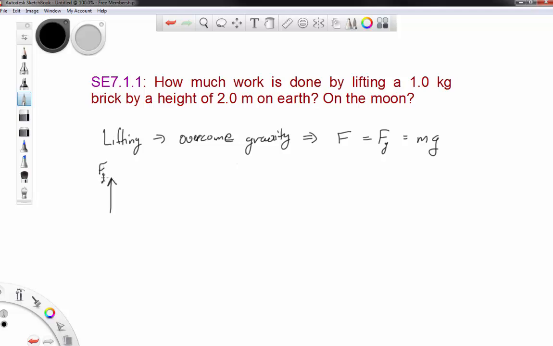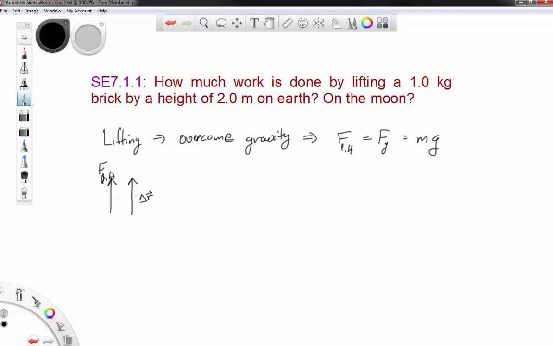So here's the force. We'll call this lift. And this is also the direction in which we are moving. So this is the delta R direction.